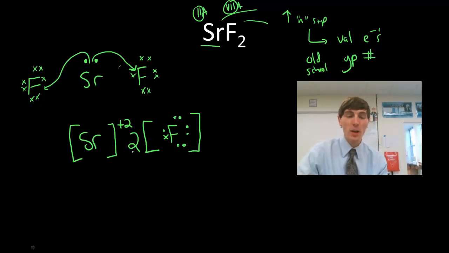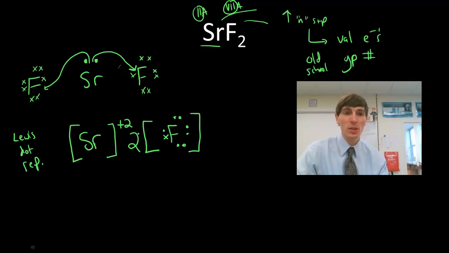This is my overall Lewis dot representation. So this is going to show me the Lewis dot rep for strontium fluoride. My metal got rid of its outermost electrons, and my nonmetals gained an electron, and since it gained 1 electron, it has to have a minus 1 charge. So there's all the pieces together, minus 1 charge.